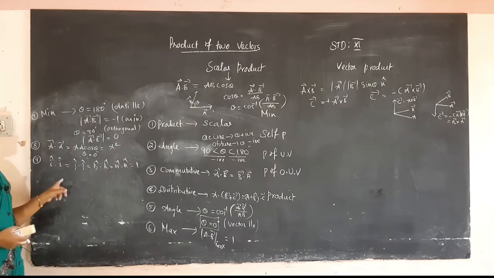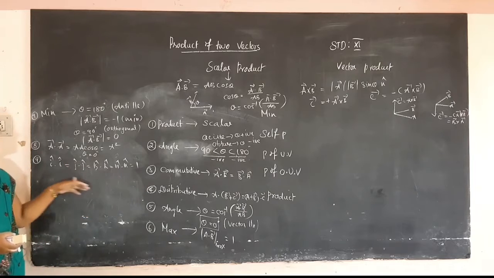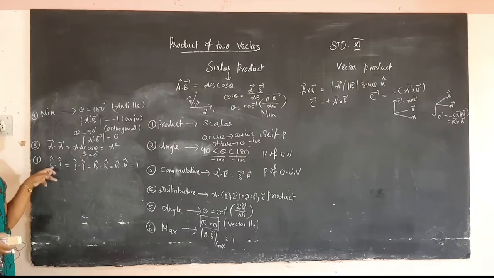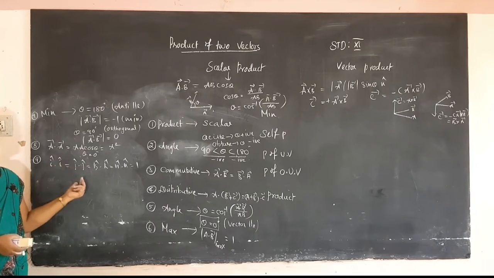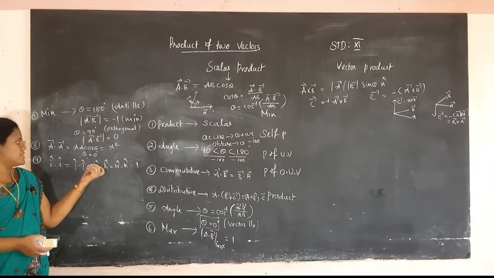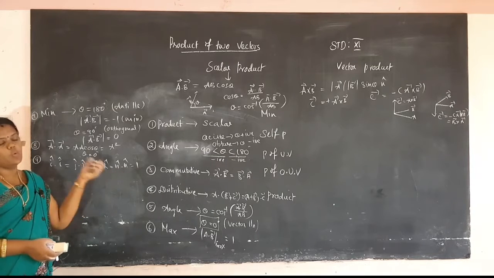So i dot i, j dot j, k dot k, n dot n is equal to 1. The scalar product of two x-axis unit vectors, two y-axis unit vectors, or two z-axis unit vectors is equal to 1.